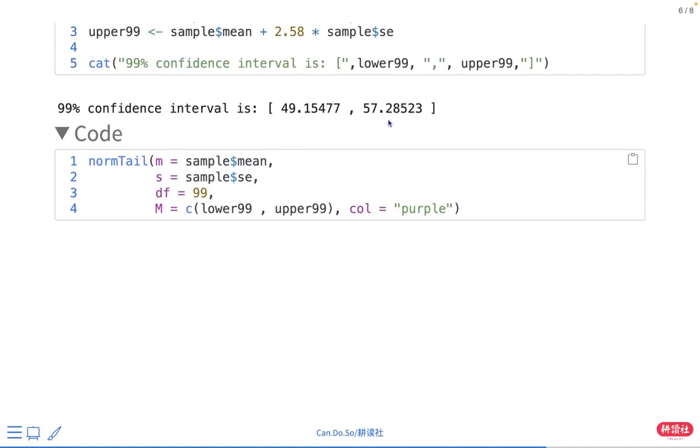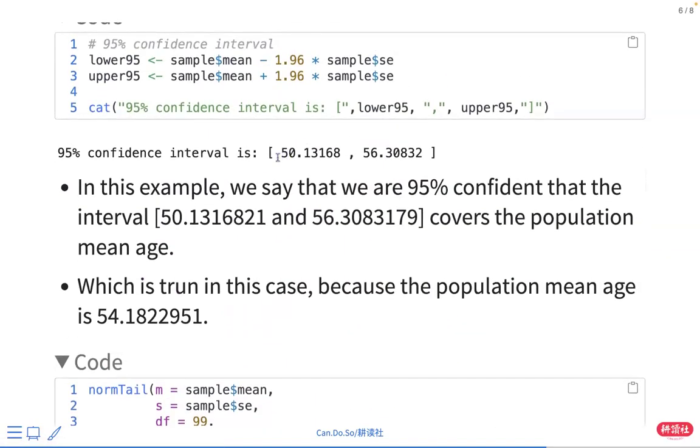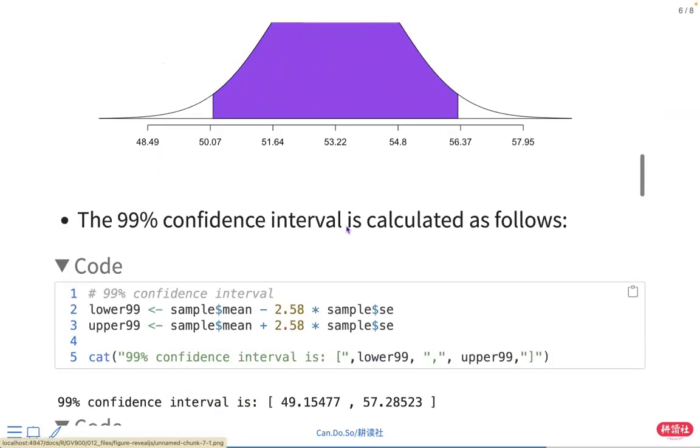Then it's 49 to 57. You can see that this one is wider than this one, 49 to the left and 57 to the right.